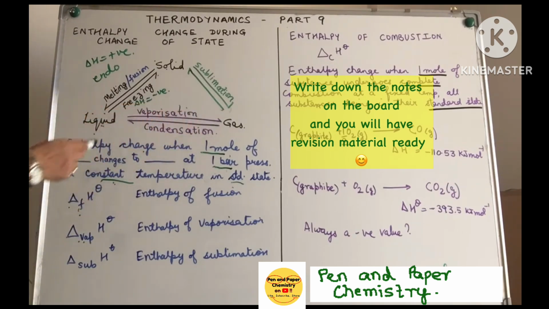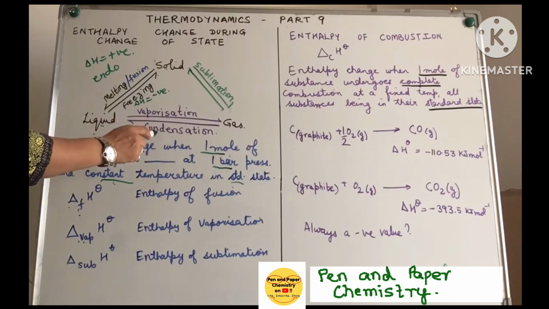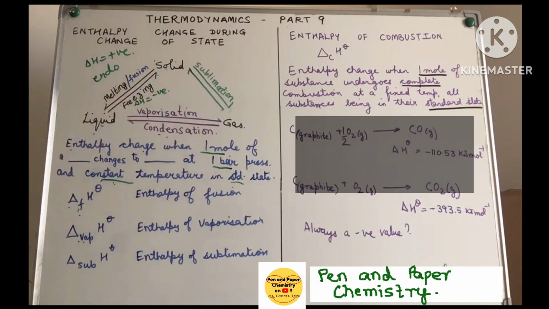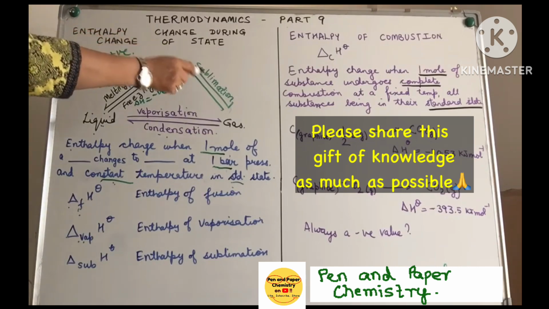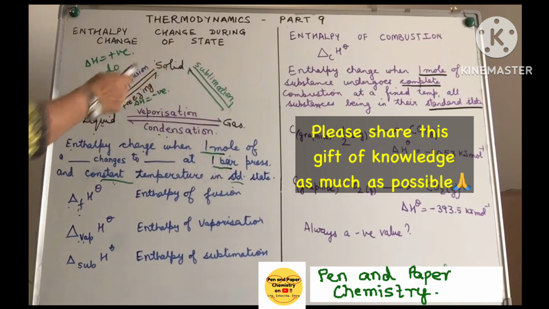Obviously, the reverse process is when you have to condense a gas form of a substance into the liquid. For example, you have to convert water vapor to liquid water. You need to cool it down because it will liberate heat. So this is an exothermic process, whereas liquid to gas is an endothermic process. Third, sublimation. Direct change of a solid to gas or vice versa is what we call sublimation.